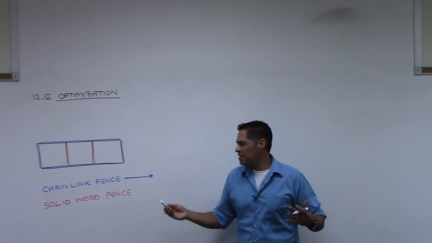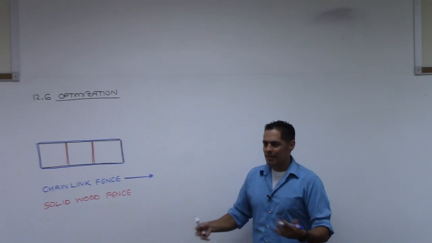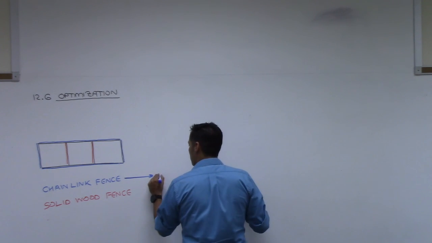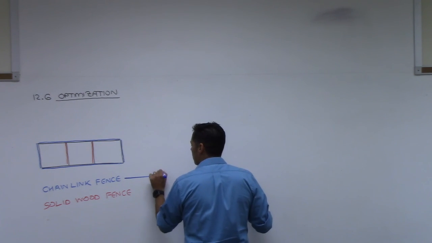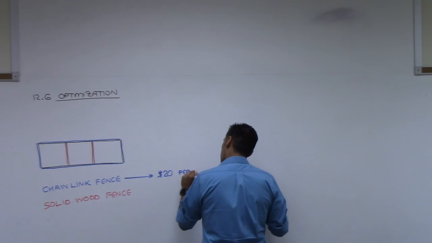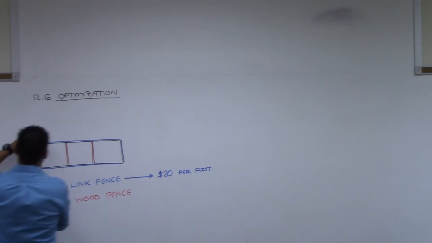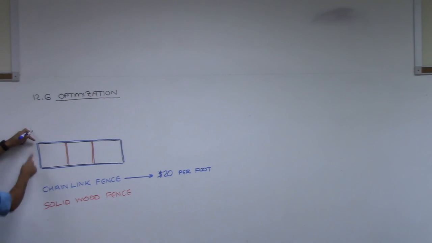I was going to say about 20, if we include the posts and the concrete. Can we just say 20 bucks? Yeah. $20 per foot, and that means linear feet. So if this side right here is 3 feet long, it's going to cost me $60 for that section. Agreed? Understand?